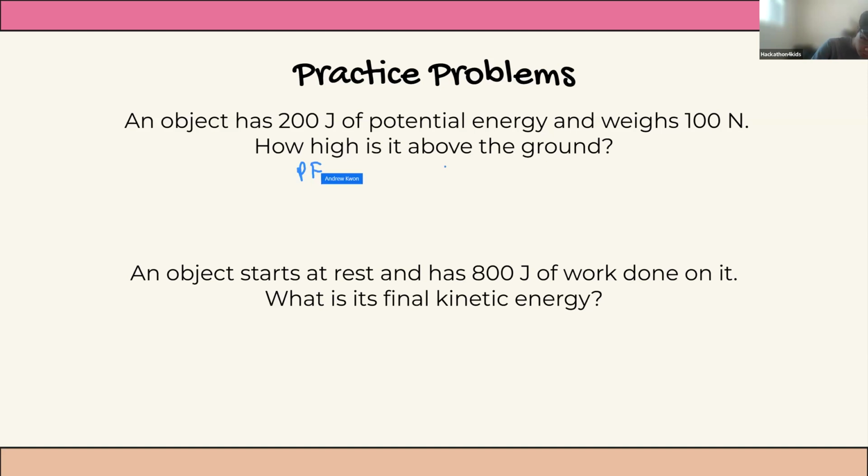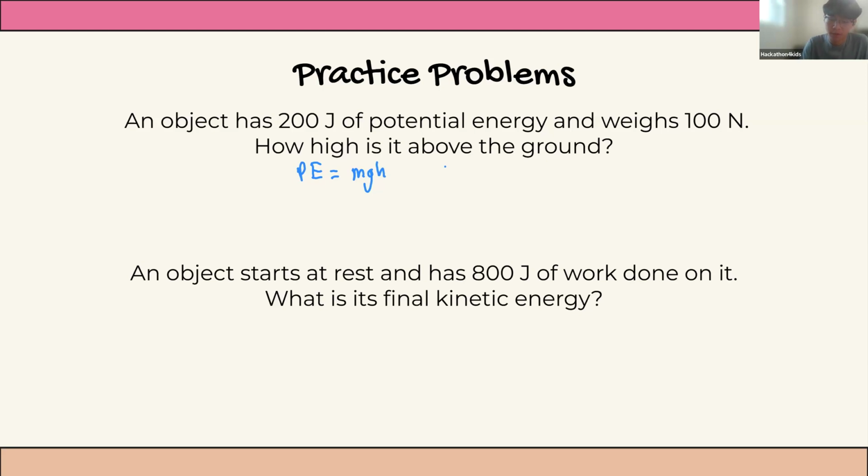So this is what we know, right? Potential energy equals mass times gravity times height. It tells us it weighs 100 newtons, right? So notice the units. It weighs 100 newtons, so it's not grams or kilograms. It's force, okay?